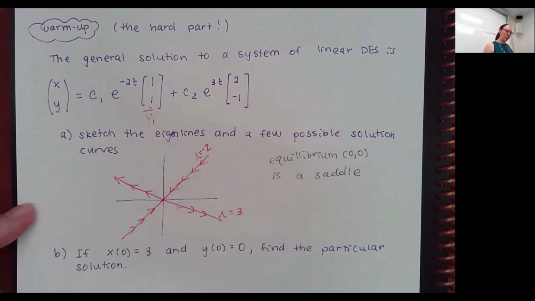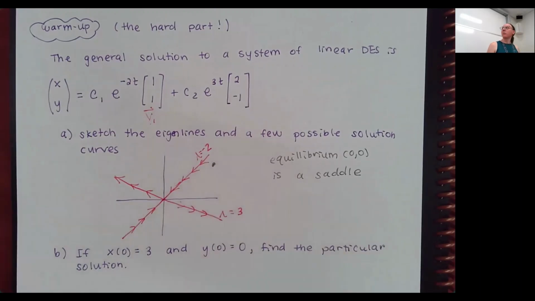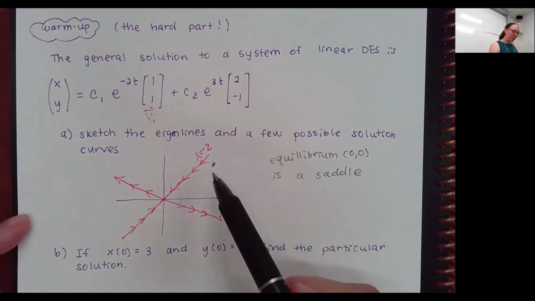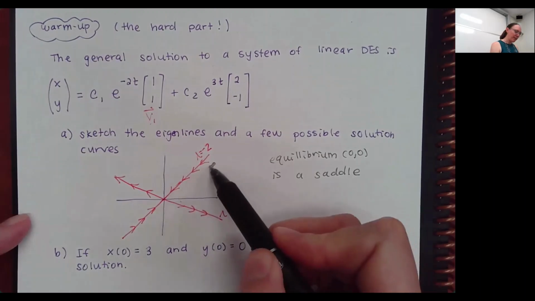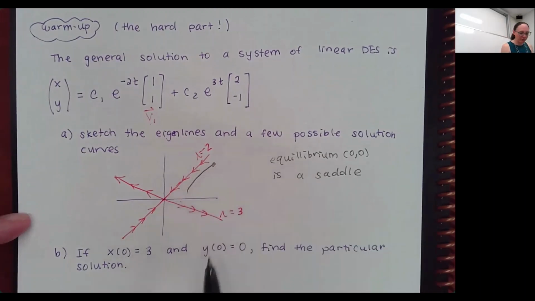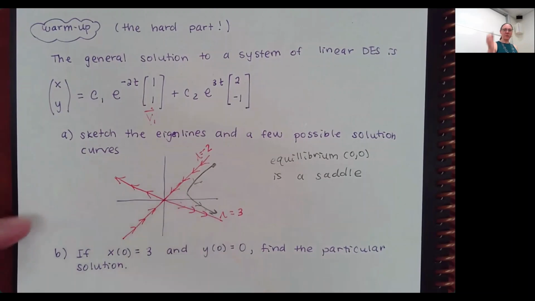And so what those solution curves are going to look like, if I start somewhere over here, I'm going to be getting pushed in towards the origin, but at some point I'm going to have to flip and get pushed out along that other part of my trajectory.